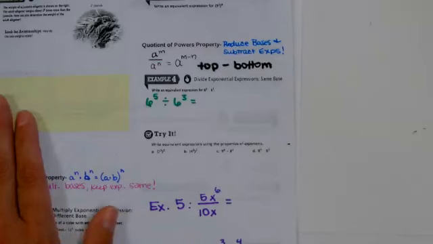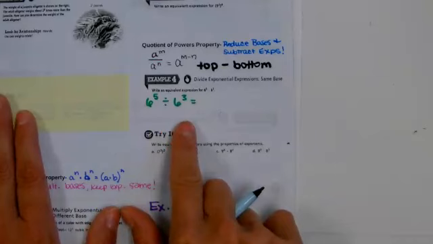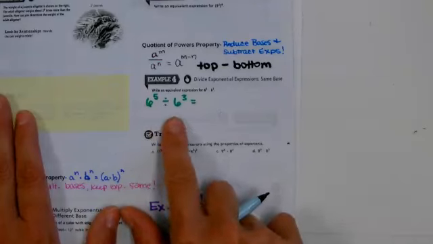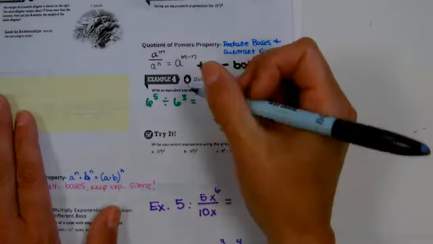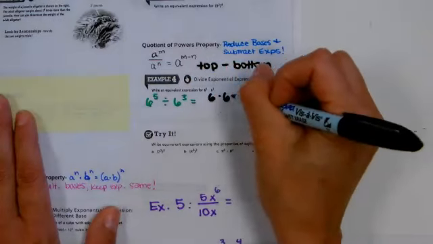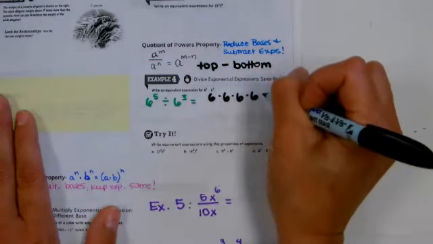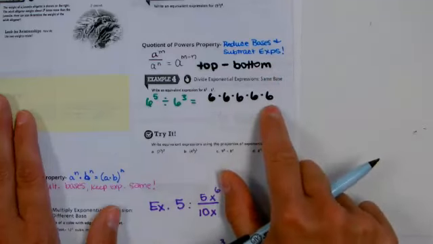For example, example 4, and I rewrote it in case you can't see it: write an equivalent expression for 6 to the 5th divided by 6 to the 3rd. What this is really doing is, 6 to the 5th means 6 times 6 times 6 times 6 times 6 again, 5 sixes multiplied together.